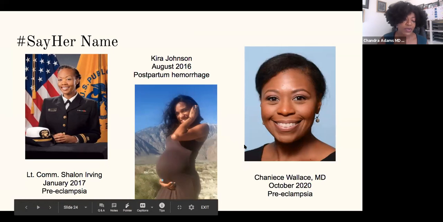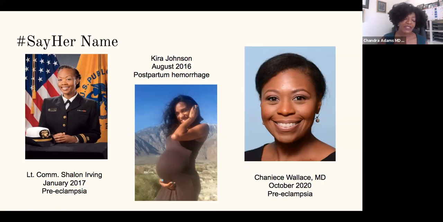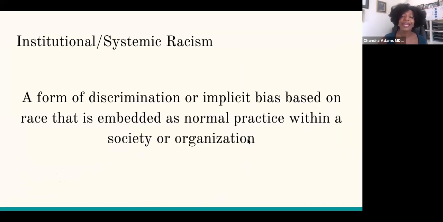And Dr. Wallace was a pediatric resident. She was a physician who was getting ready to enter practice, who we lost just last month. And if this is happening to those of us with whom the majority can socioeconomically identify, how much more is it happening to our underrepresented moms with no one to advocate for them? And to paraphrase Ayanna Van Zandt, in order to address a thing, we must call the thing a thing.